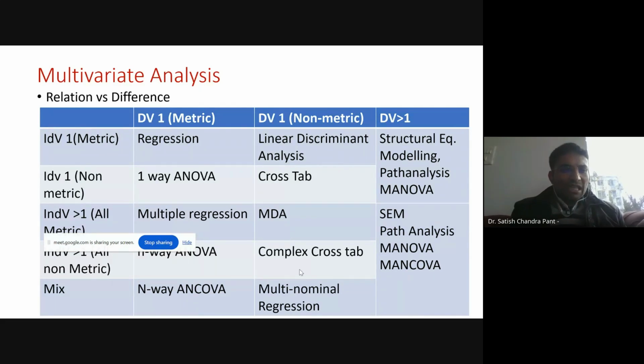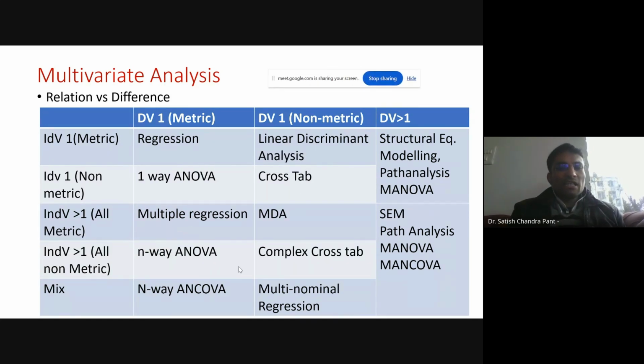Now moving to the last slide here. Now you will see if there are mixed independent variables, some metric, some non-metric. This may also be a situation, right? So in that case, it's not ANOVA, it is ANCOVA. Now, what is the difference between ANOVA and ANCOVA? In case of ANOVA, it's analysis of variance.